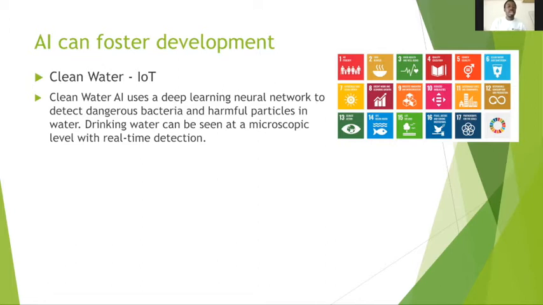So clean water is something that we can tackle using deep learning neural networks to detect bacteria in water, where we have sensors or devices that can read at a microscopic level and give us real-time detection of when, for example, you set up a borehole in a rural area and you keep monitoring the water that comes out of it. In case at some point there is any bacteria or harmful particles in it, then we can know that there is something wrong with this particular borehole or pump that we set up somewhere else.